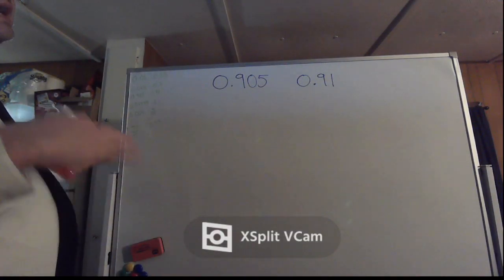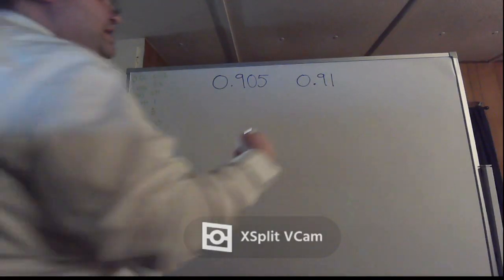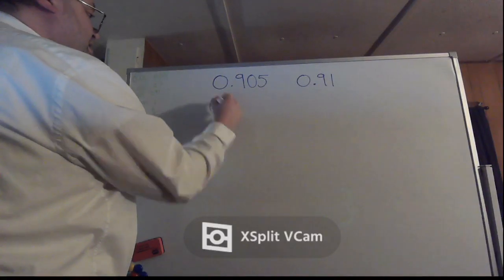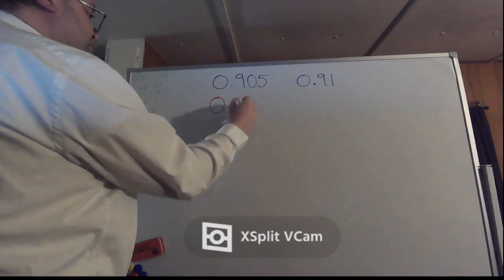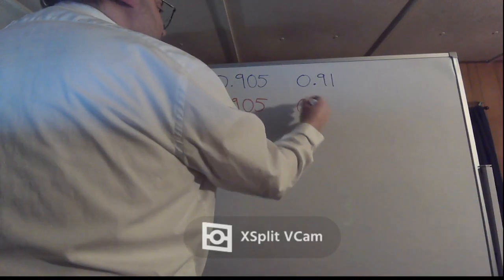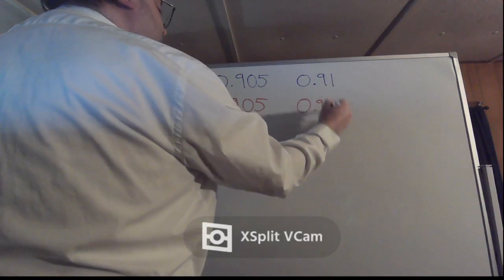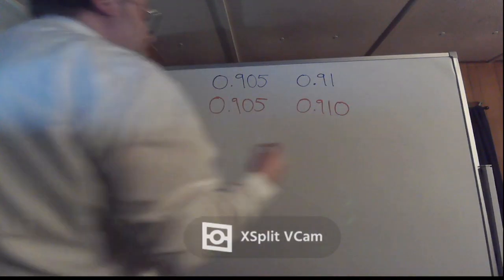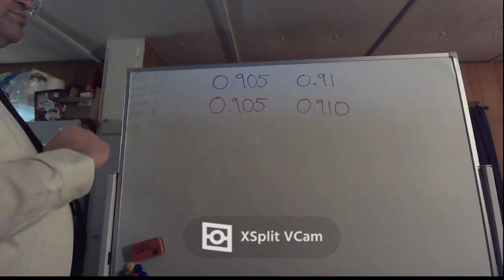So it would really help us to convert the number on the right to 3 decimal places. So we will still compare 0.905 and then we'll have 0.91. There's a default 0 in the place after the 1. That's how you would convert that to 3 decimal places.